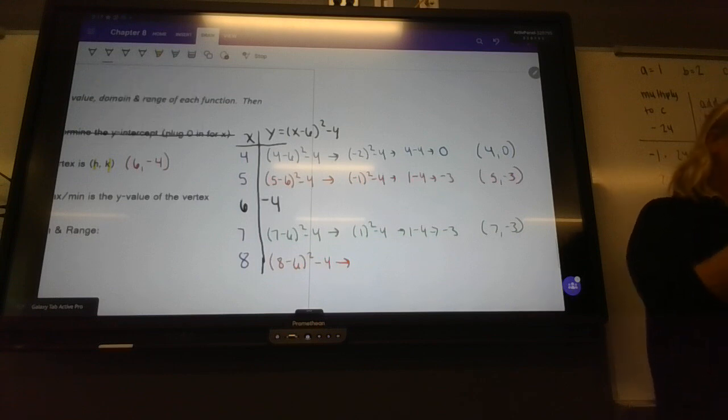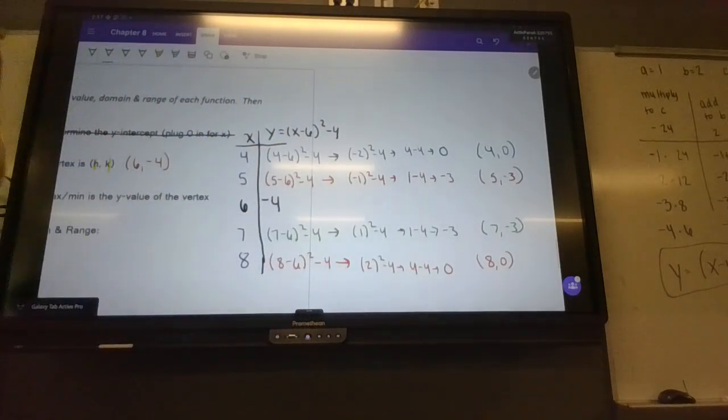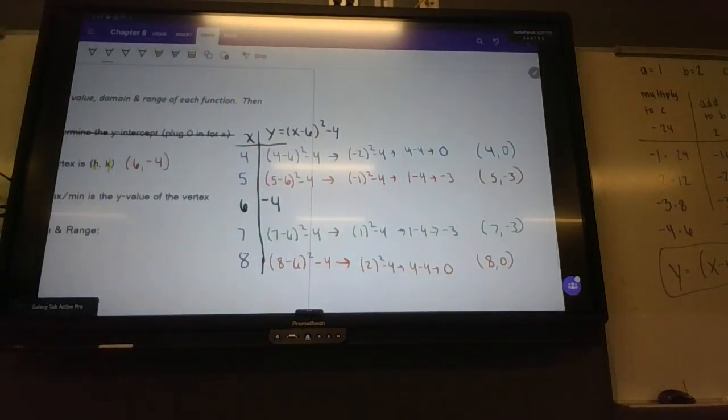And then 8, the rest of you had to do 8. 0. Good job. 8, comma 0. There's symmetry here on the vertex again. We saw the same numbers repeated top and bottom in the table for this form. Now go ahead and plot them and see if you can plot them in the right spot on that graph provided.